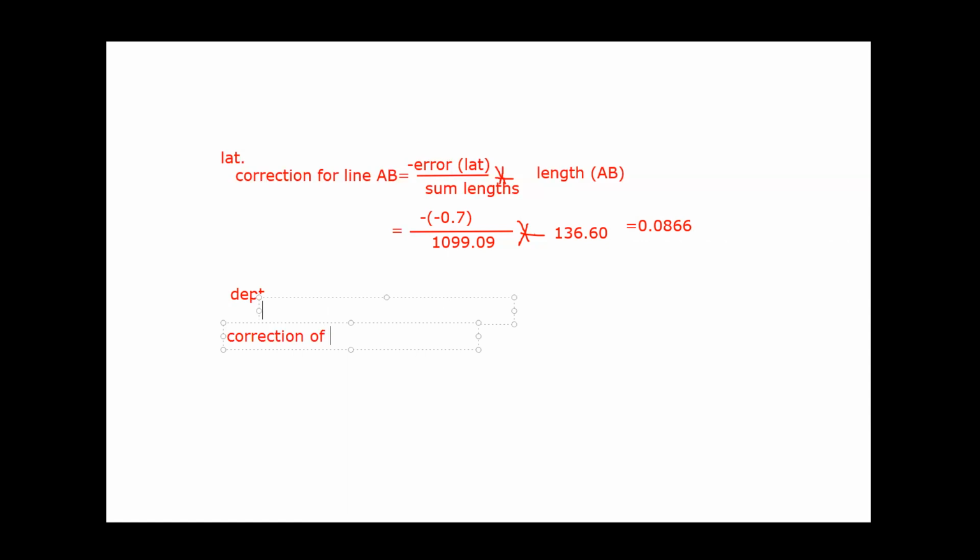Correction for departure of AB equals, and then same way it will be negative the error in the departure divided by the sum of the lengths, and then you multiply this by the length of AB. And then you substitute.